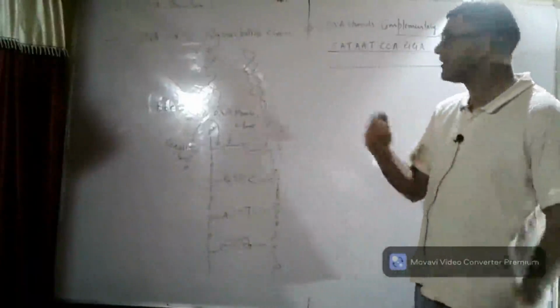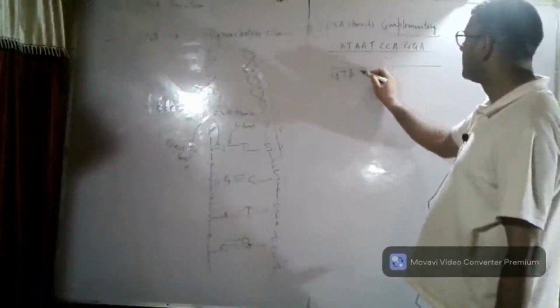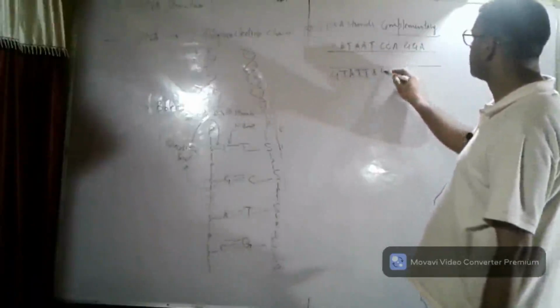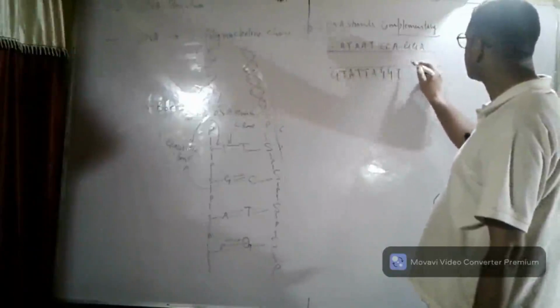Then the sequence of bases in the other strand of DNA can be easily predicted because of the Watson and Crick base pairing rule. Cytosine always pairs with guanine, adenine pairs with thymine, thymine pairs with adenine, and guanine pairs with cytosine.